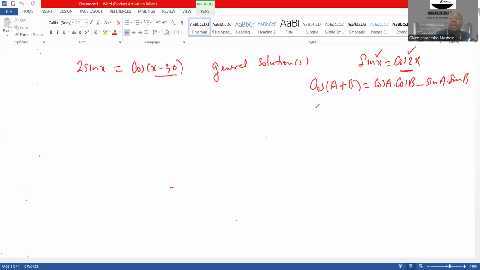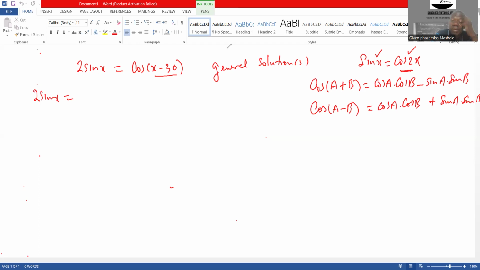The same applies: cos of a minus b equals cos a cos b plus sine a sine b. Which means in order for us to solve this equation, we need to use the compound angle.